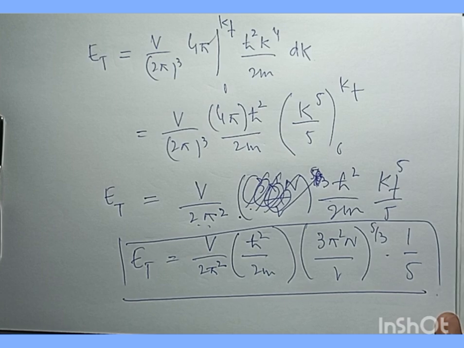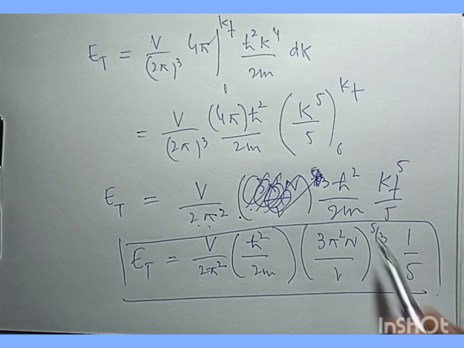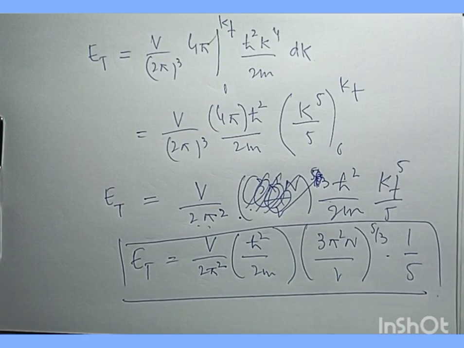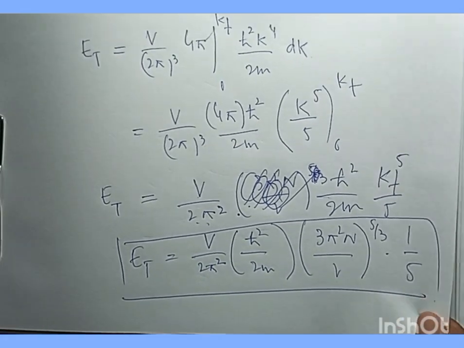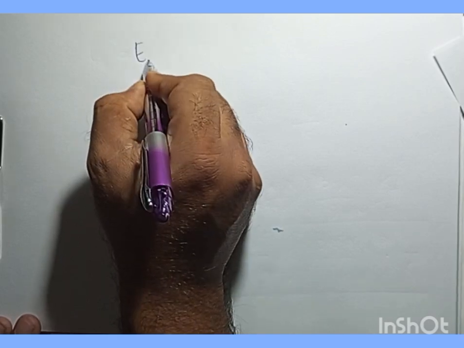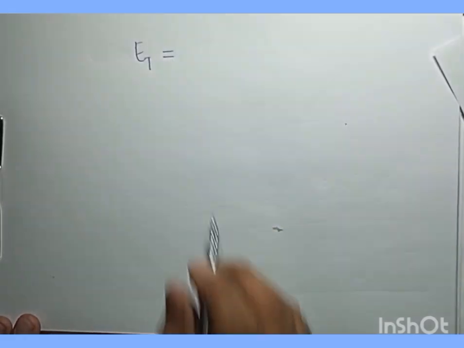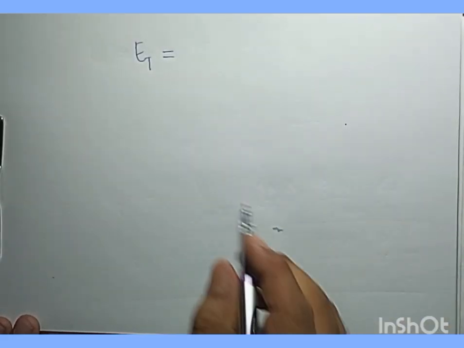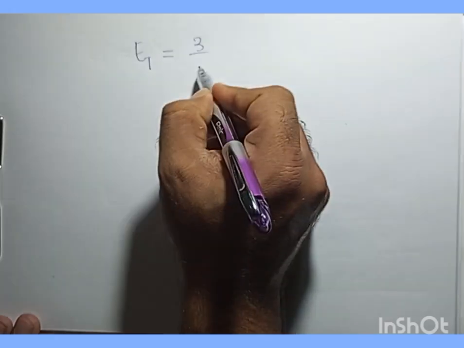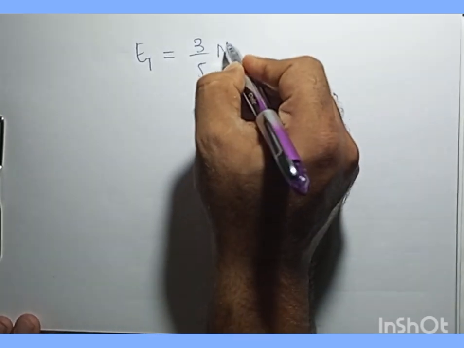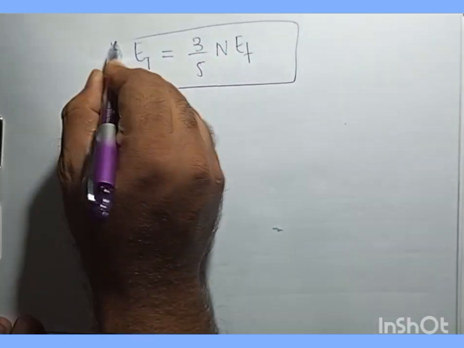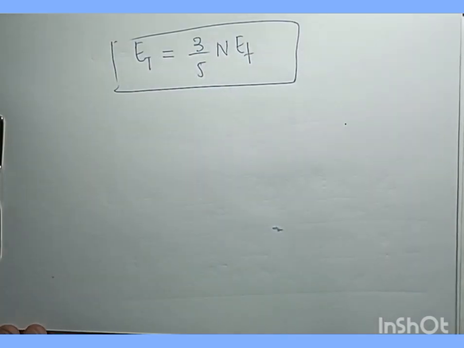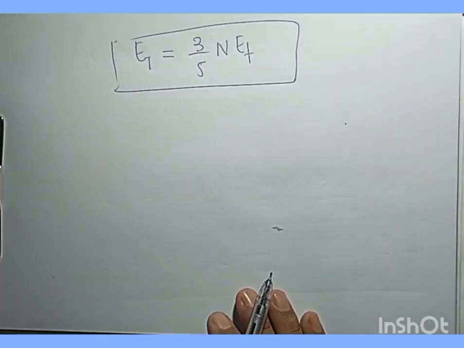Now if we simplify all this, we come up with the dependence, and what's that dependence? The total energy of this non-interacting fermionic gas comes out to be 3 by 5 N E_F, where this E_F is our Fermi energy.